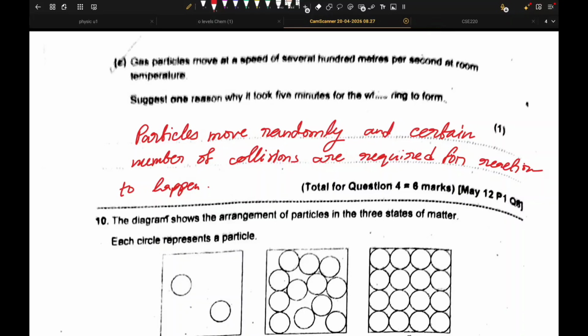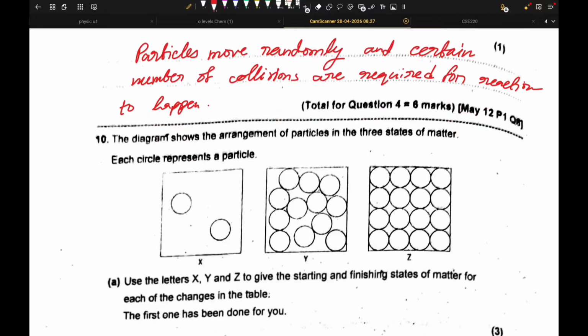Basically, these particles collide with one another. That's what causes the reaction. For the white ring to form, a certain number of particles need to collide with one another to be able to produce the ring. So it takes time for that number of particles to collide and the ring to be produced.